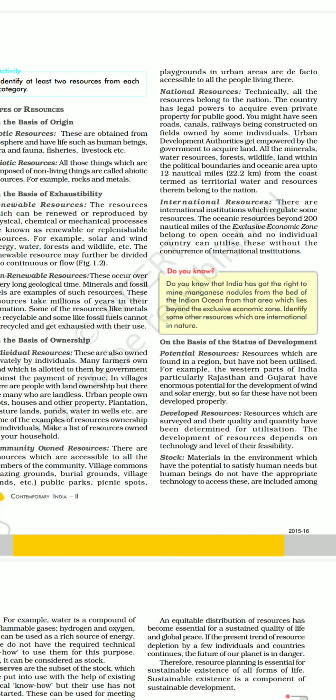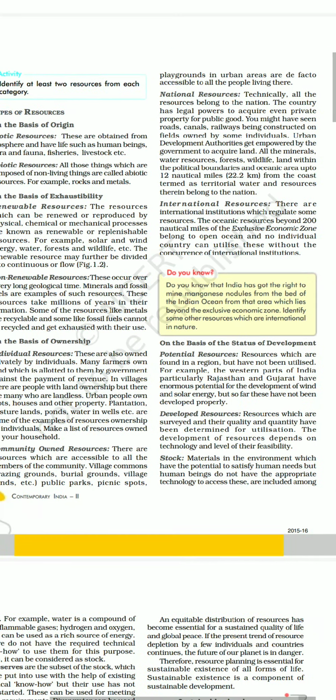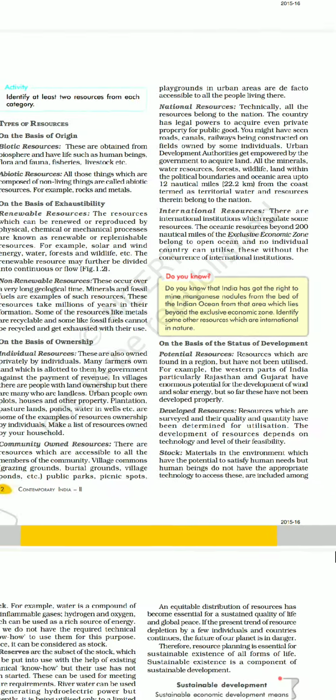Now let's move on to the next classification, that is classification of resources on the basis of the status of development. On this basis, resources are classified as developed resources, potential resources, stock and reserves. First, let's analyze what is a potential resource.